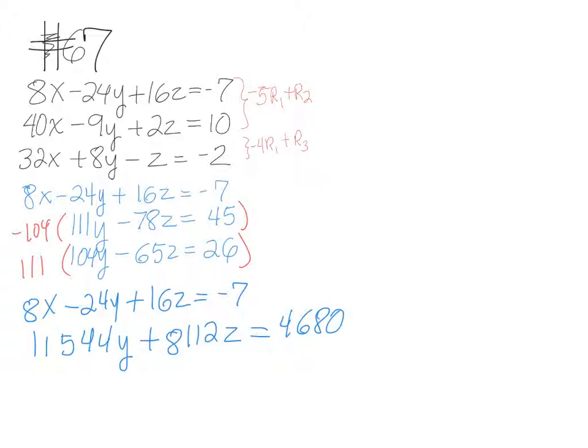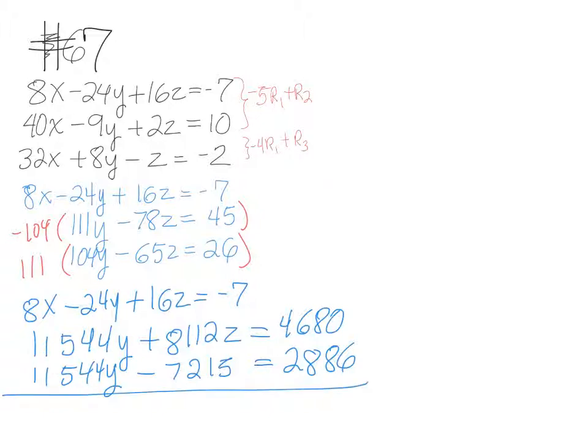And the second one is 1,154, this is 5,044y. 111 times 65, that's going to be minus 7,215 equals 111 times 26, and that is 2,886, and that's what the system is so far.